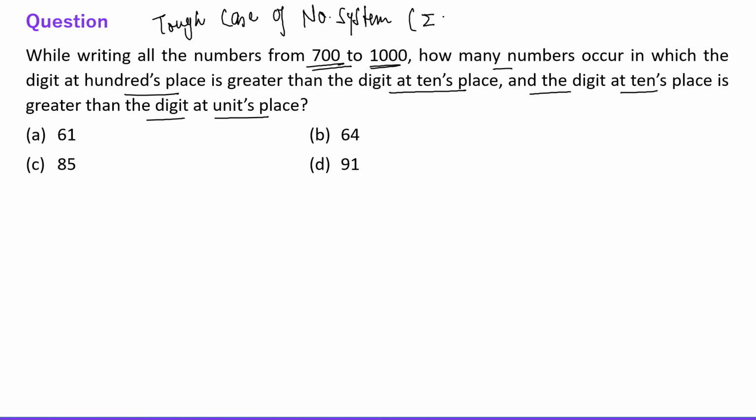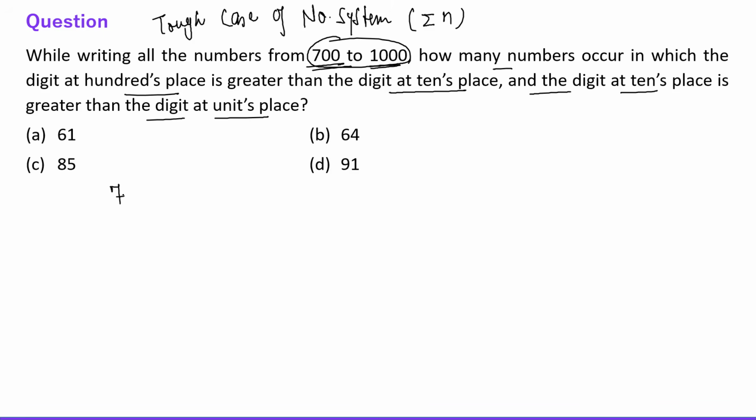This is based on summation of n, right? The question is saying, when we are writing 700 to 1000, how many numbers are there where the hundreds place is greater than the tens place and the tens place is greater than the units place? So let's start with 700.